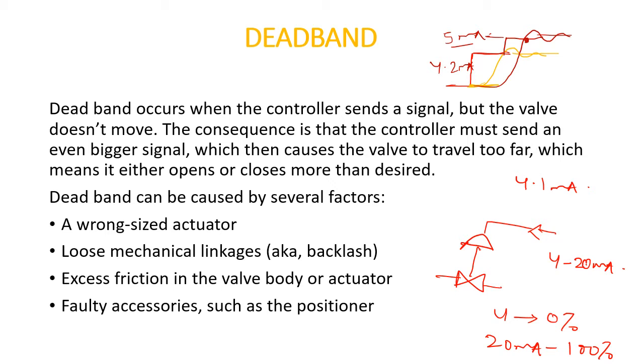So when there is a 20 milliamp signal, it opens more. Deadband is mainly caused by several factors: wrong size actuator, loose mechanical linkage, excess friction of the valve body and actuator, and faulty accessories like the positioner. Maybe the positioner is okay, everything is okay, but it is out of calibration, then also this issue may occur.